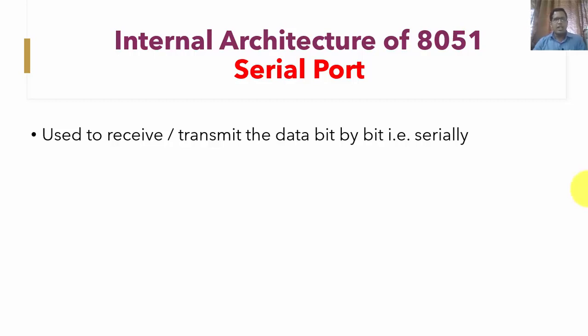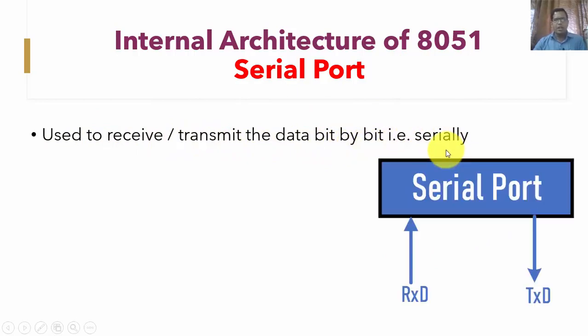Whereas in case of serial communication, available data is transmitted bit by bit. So first the LSB bit, followed by the next. In this way we transmit the data. Hence, the serial port present in the 8051 microcontroller is used to receive or transmit data bit by bit. In the sense, it follows serial communication.